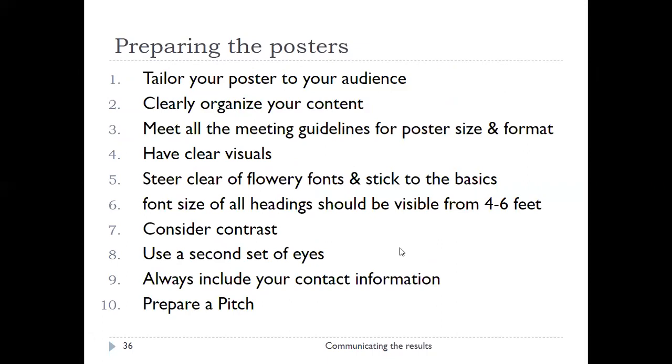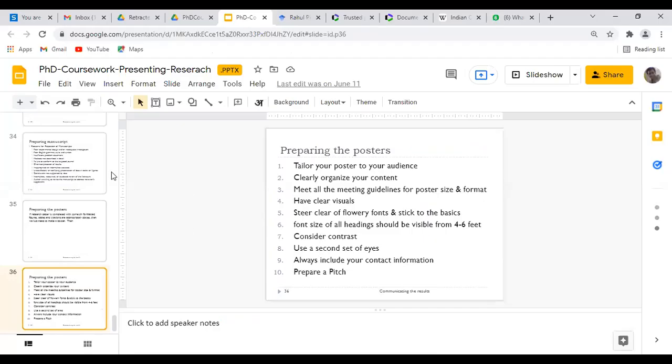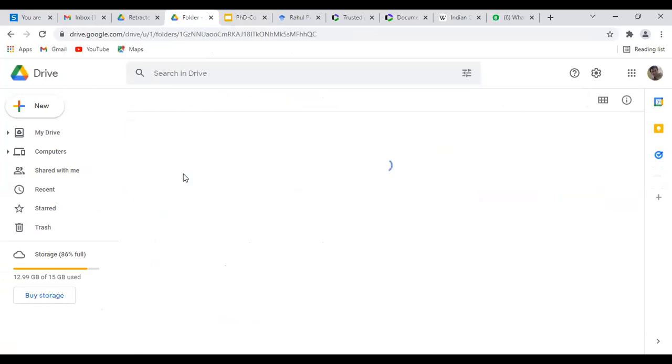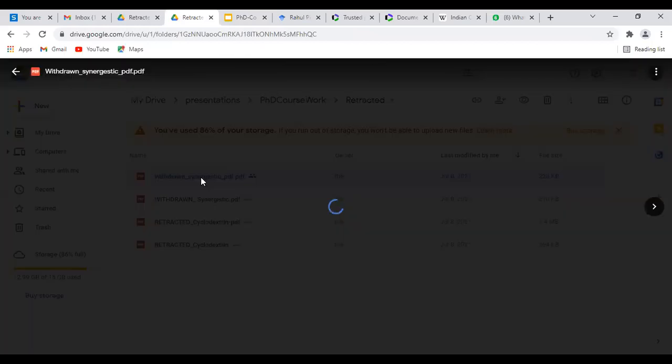I will just show you a few. Do you see this web page? I will show you a few papers which are retracted, right? What happens if you do some plagiarism and all.